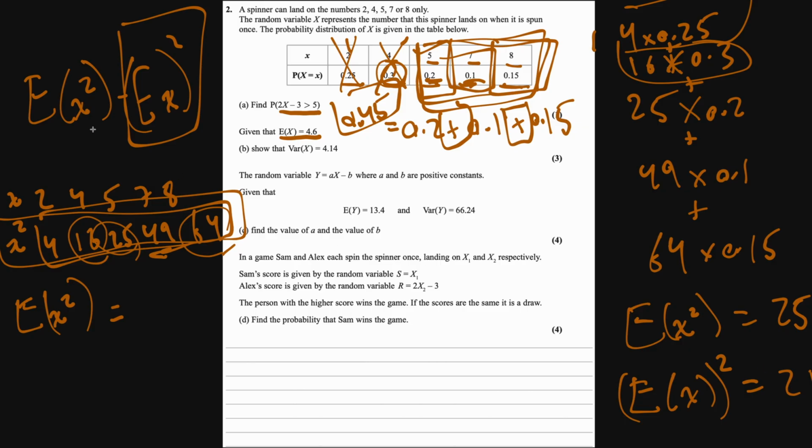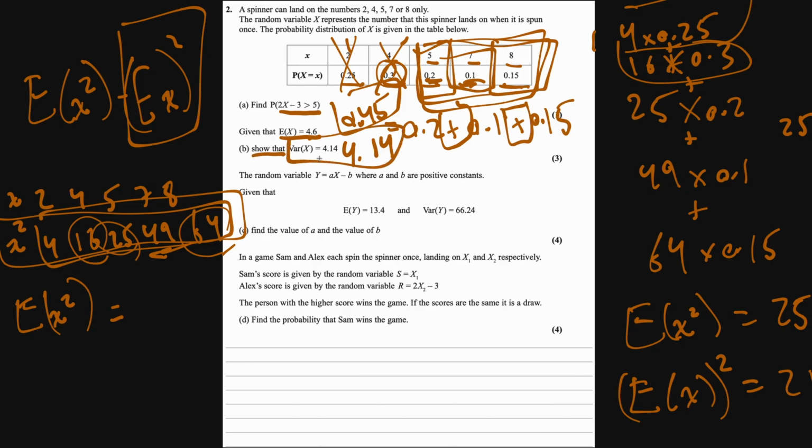Since the formula is E of x squared minus E of x all squared, we take 25.3 and we subtract 21.16 from it. And the final answer would be 4.14, which is basically the same as the Var of x, and this was a show that question.